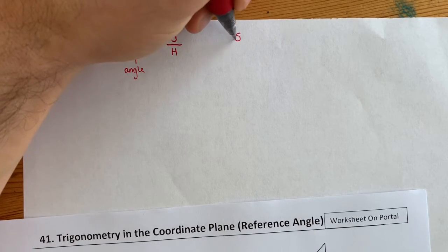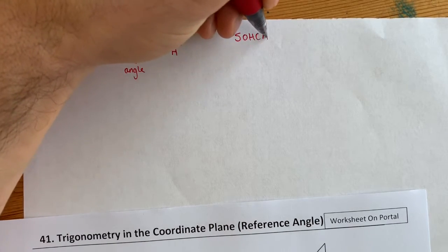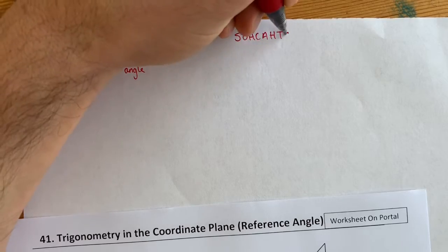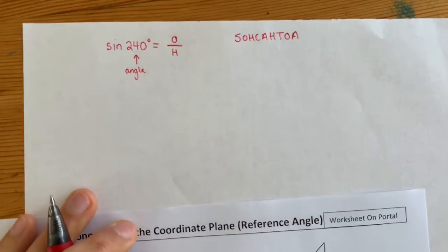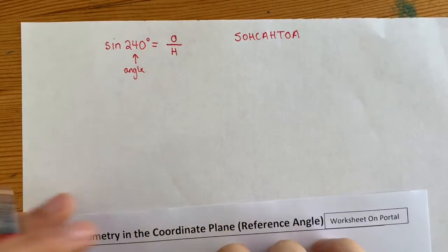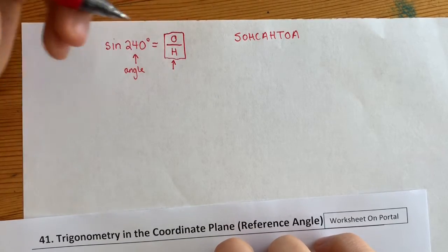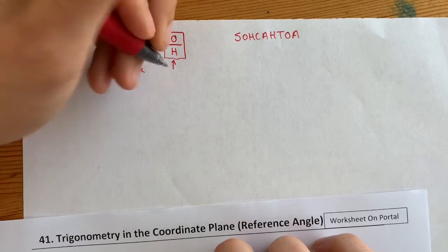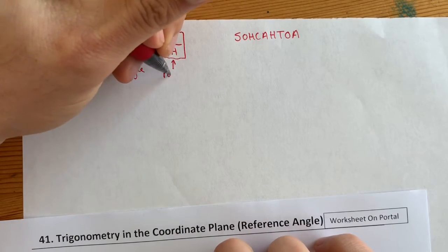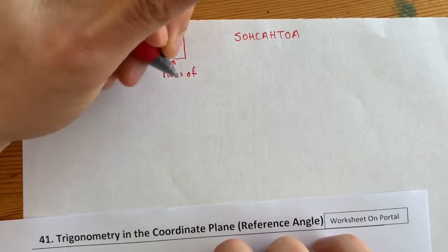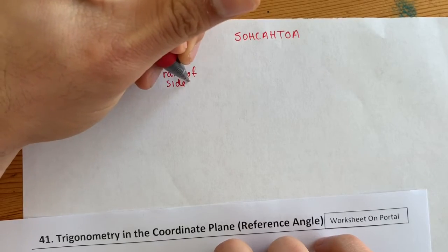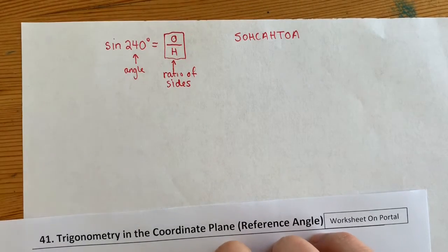SOHCAHTOA is going to be important today if you can't remember which is sine, cosine, tangent. So our goal for the answer is to find the opposite over the hypotenuse side. That's a ratio of sides. If you're wondering what our answers represent, it's a ratio of sides.